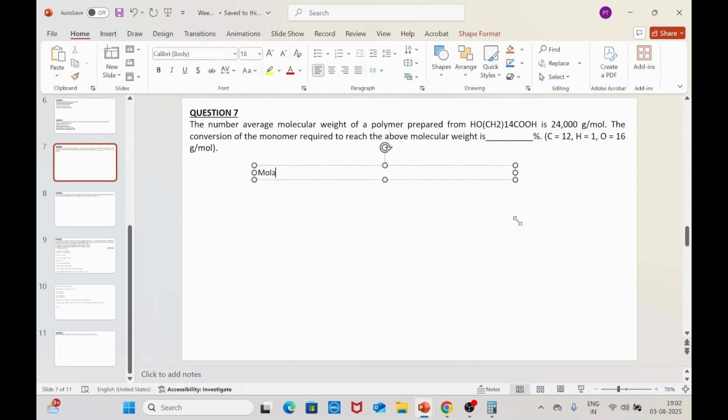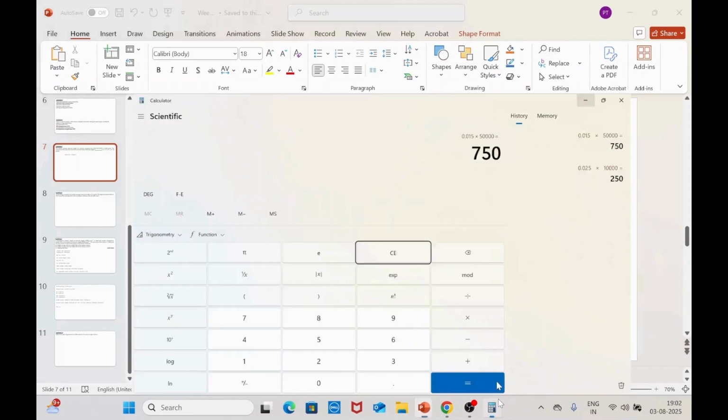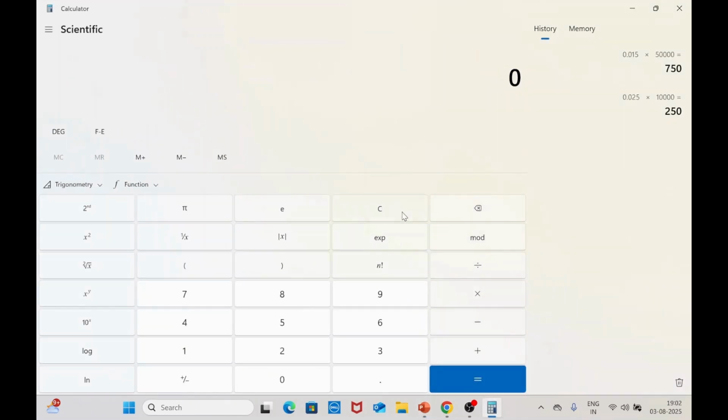Okay. But will we be taking this molar mass for calculating the degree of polymerization? The trick is here. 258 is fine. I'll just show, in case somebody has a different answer.